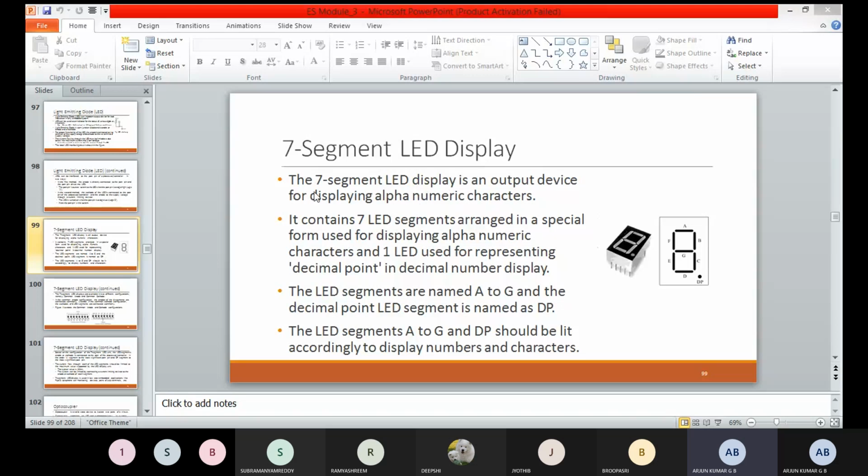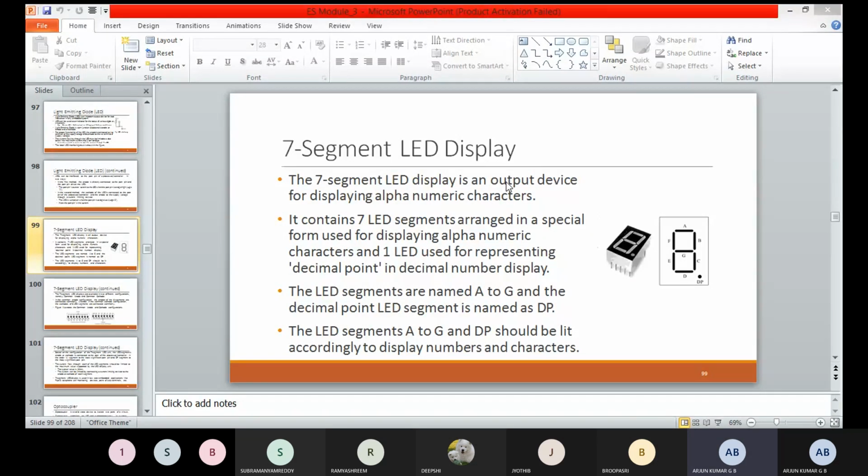The LED display is an output device you can see everywhere. For all embedded systems there's a display. If you look at an AC, it will show some display, this much temperature. The output temperature will be displayed, and the fan speed will be displayed.